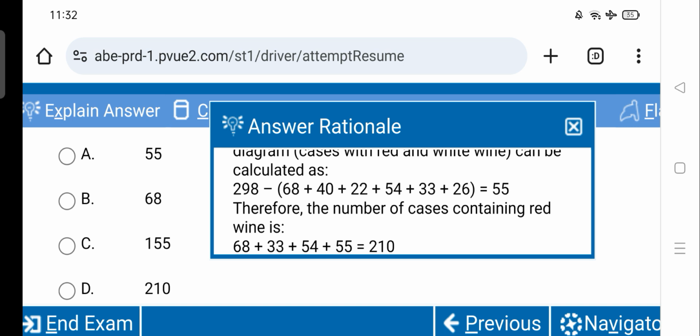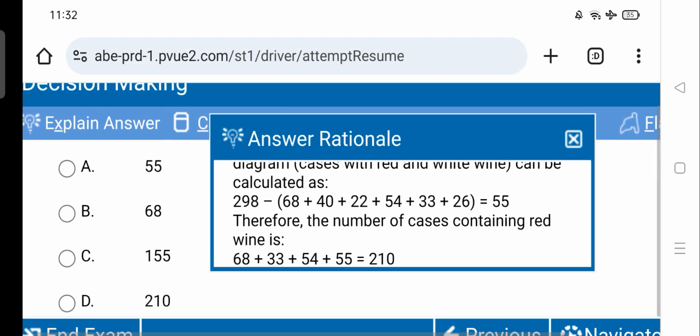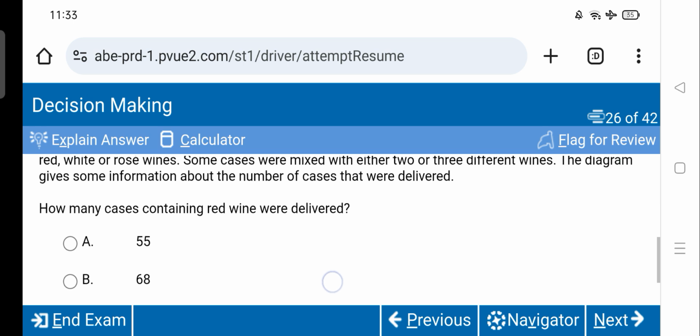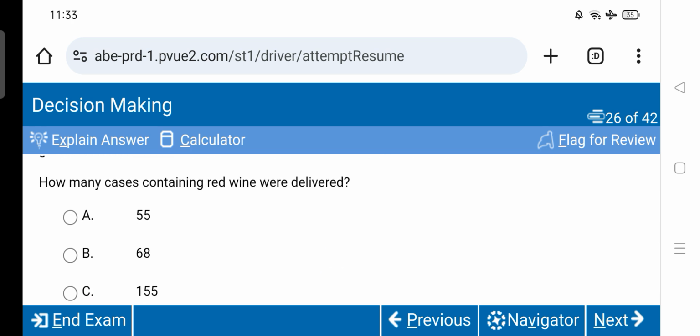Therefore, the number of cases containing red wine is 68 plus 33 plus 54 plus 55 equals 210. That's how we can say the correct option is option D, which is 210, the number of cases containing red wine that were delivered.